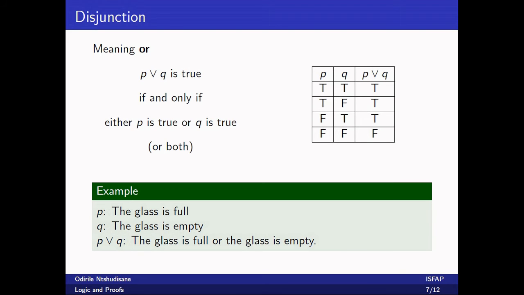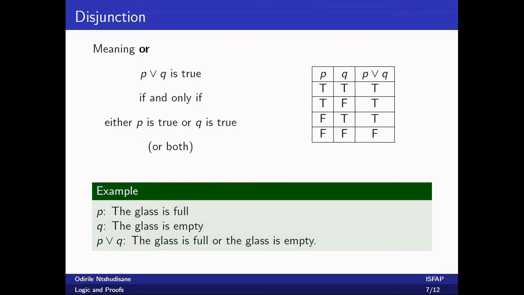So having a look at the defining table, we see that P or Q is true when P and Q are both true, and true when only P itself is true and Q is false, because it is or, not and.